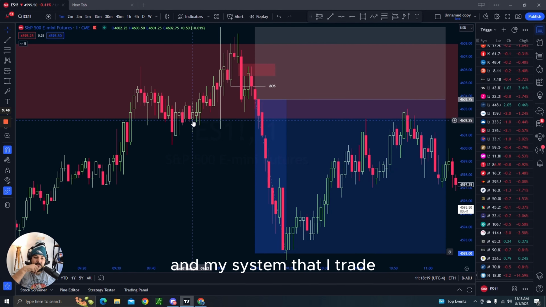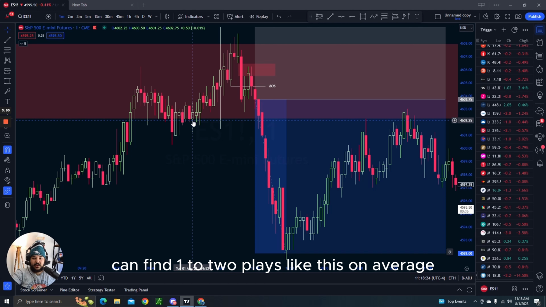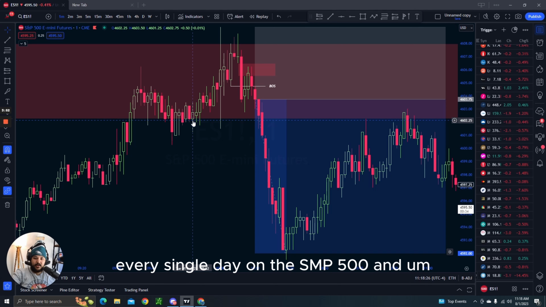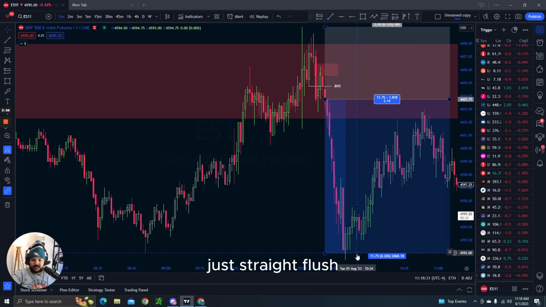And my system that I trade and teach to those inside of Champs Trading can find 1 to 2 plays like this on average every single day on the S&P 500, with no drawdown, just straight flush.